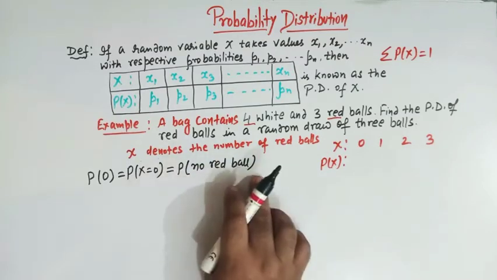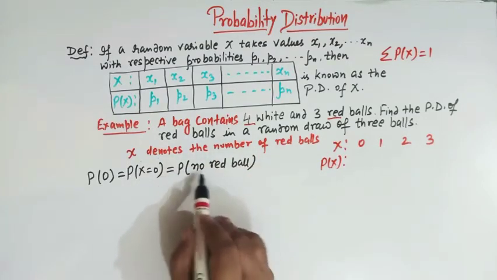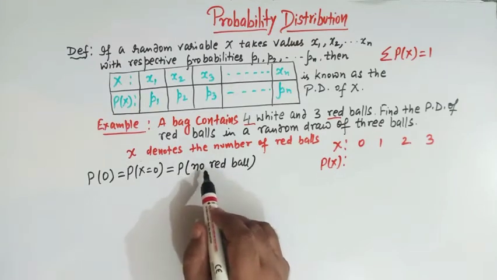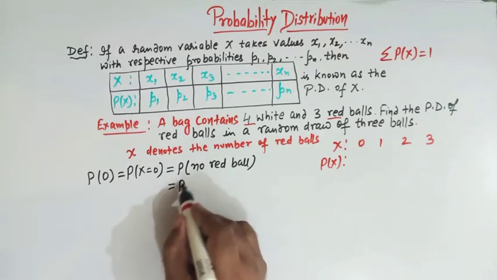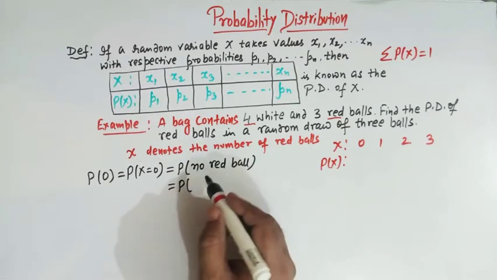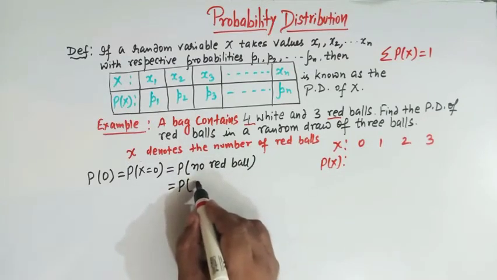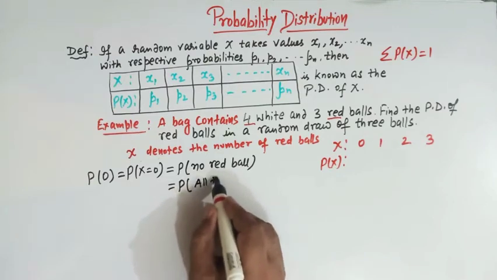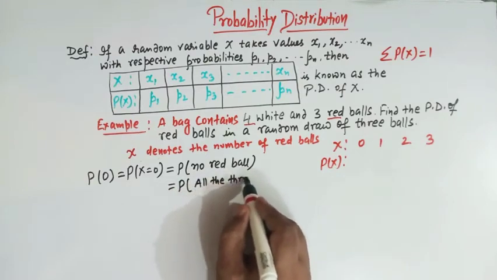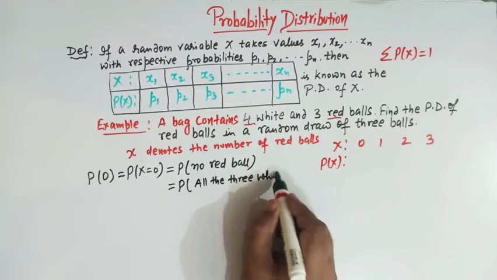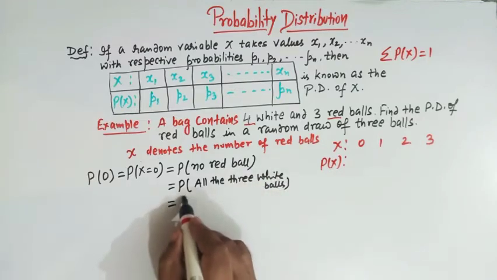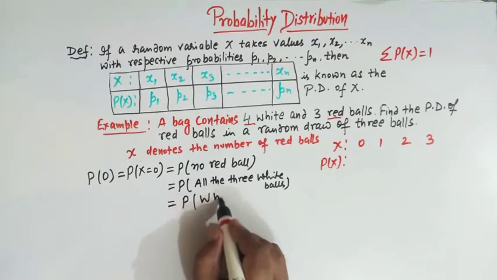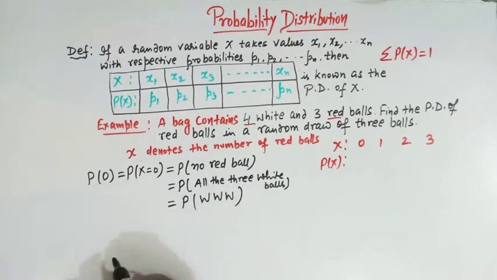Now we have to find the probability of getting no red ball. In other words, we can say getting all the 3 white balls. So we have to find the probability of W, W and W, right?